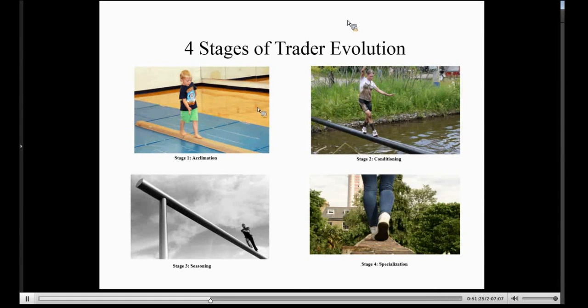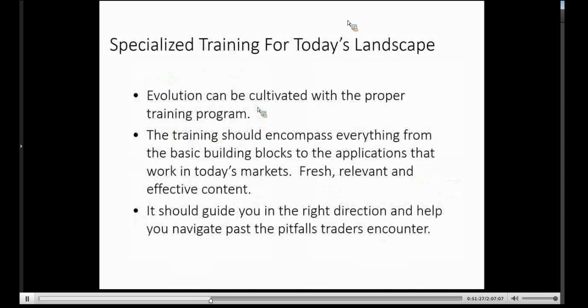These 4 stages of evolution are not something that's done overnight. Something that you can do on your own could take a decade, or you could look for a specialized training course with that in mind. Your evolution can be cultivated with the proper training, and this training should encompass everything I just said.